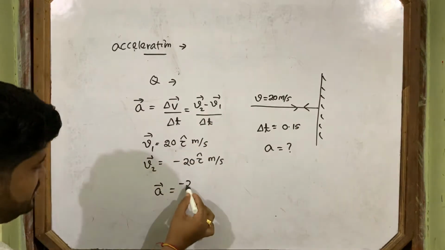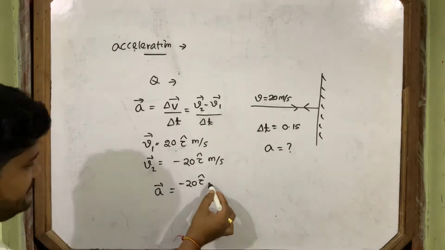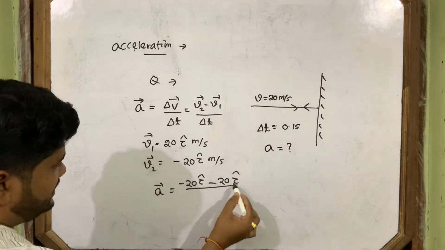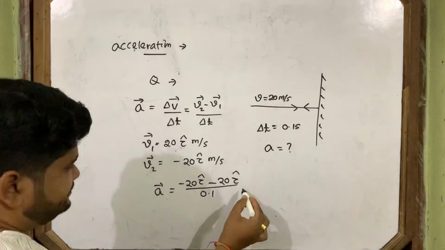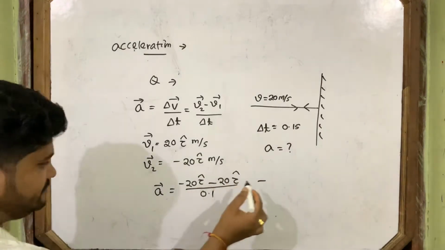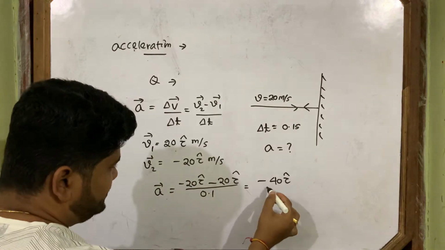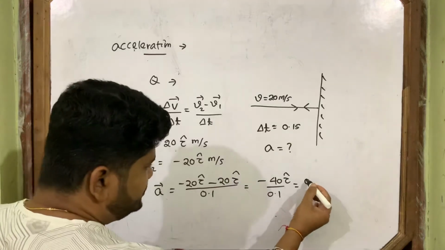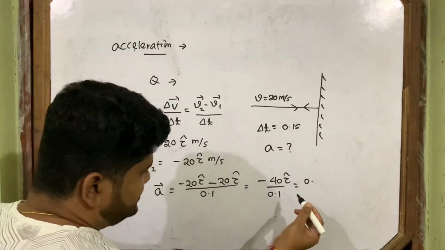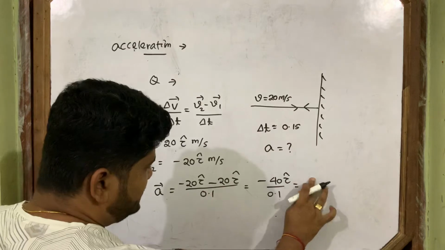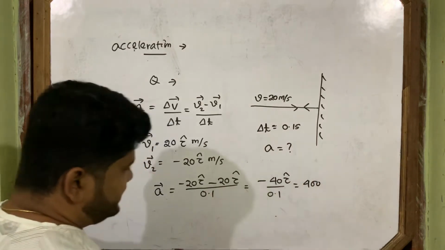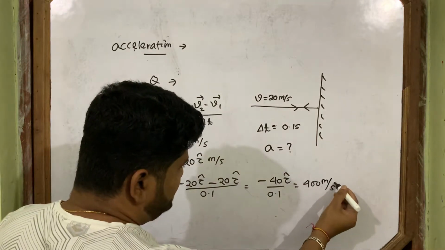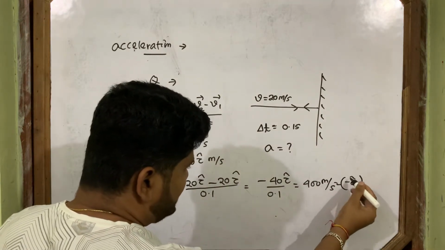V2 is minus 20 I cap, minus V1 which is 20 I cap, divided by 0.1. So it is minus 40 I cap by 0.1, which is 1 by 10. So it becomes 400. Okay, 400 meter per second square, minus I cap.